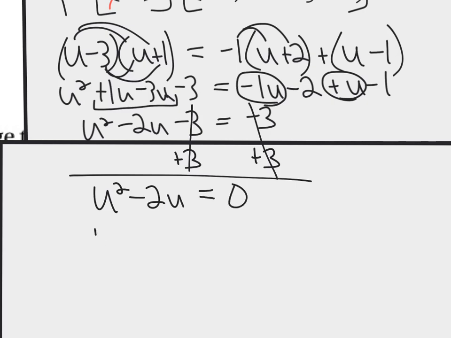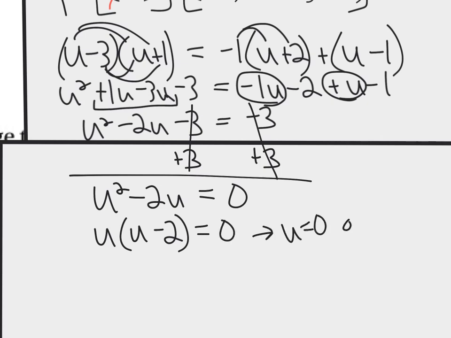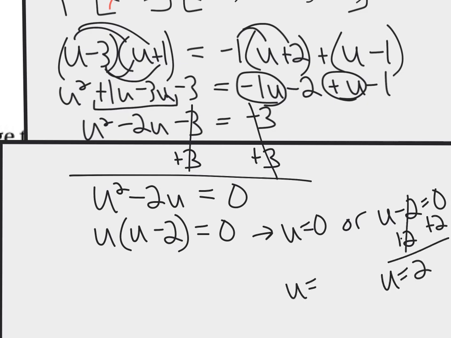So now we have a GCF, which is u, so that factors as u times the quantity u minus 2, which means either u equals 0 or u minus 2 equals 0. So u equals 0 or u equals 2.